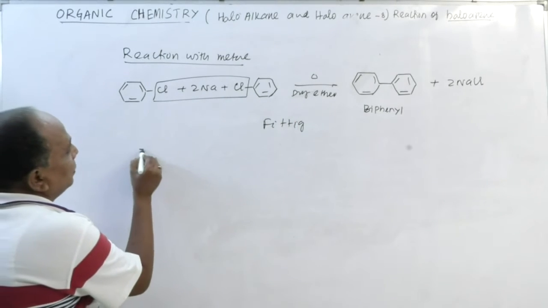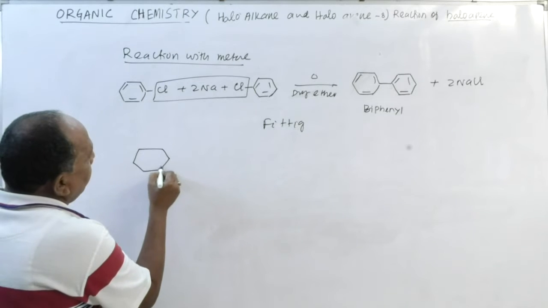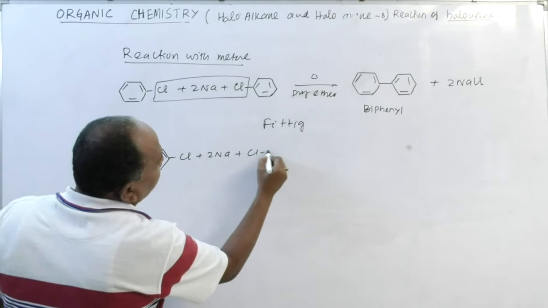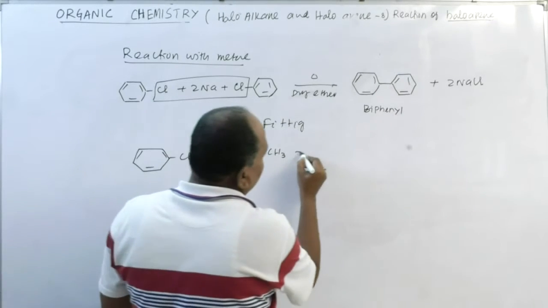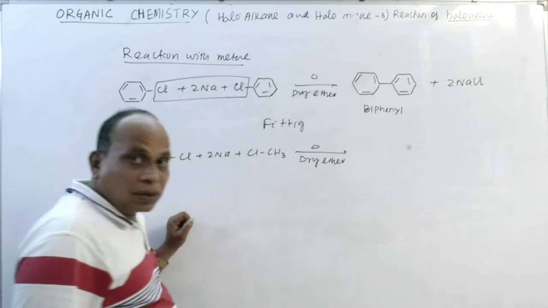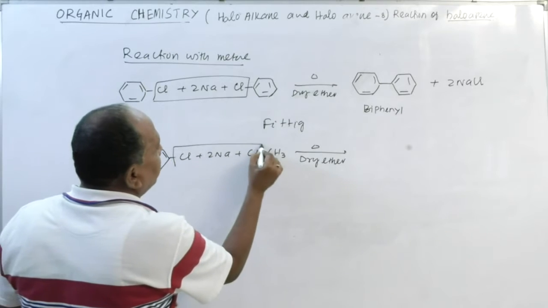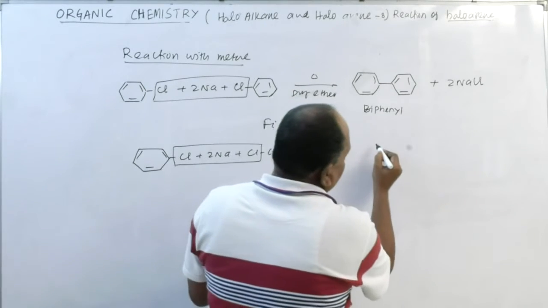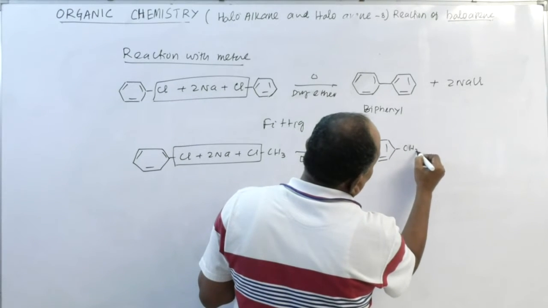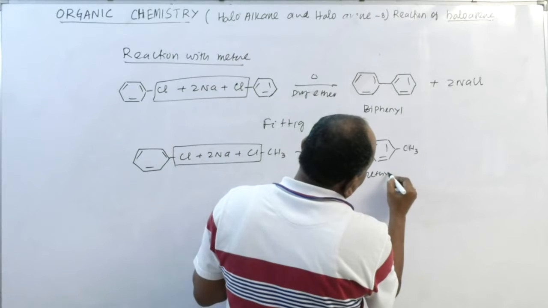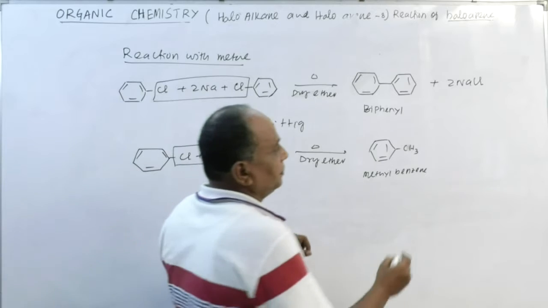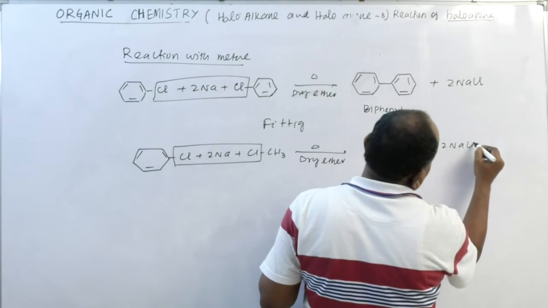So suppose you take chlorobenzene and react it with metallic sodium. In the case of chloromethane, you heat in presence of dry ether, and it loses NaCl. This gives you toluene, or methylbenzene, plus 2NaCl.